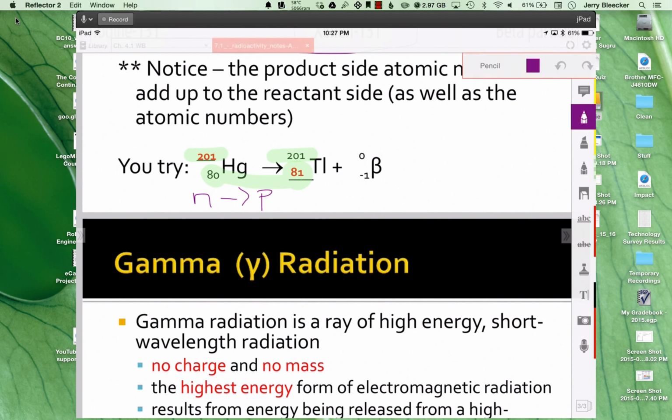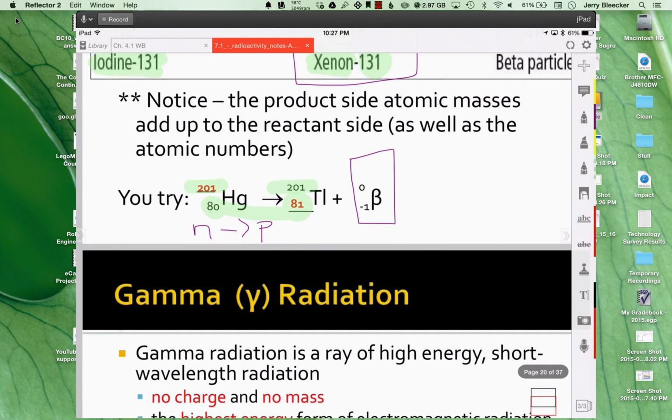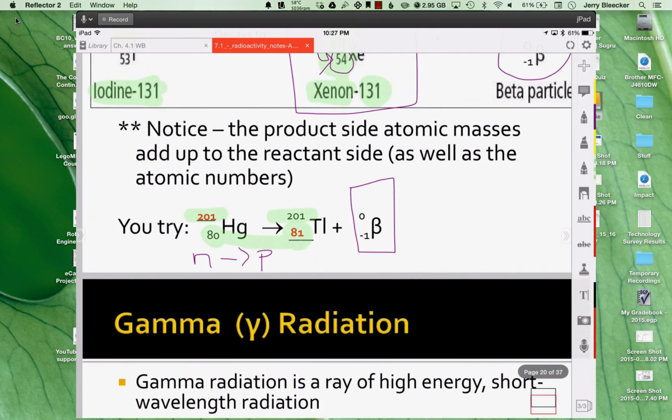And then it's very important to include the fact that a high energy electron flies off. So we're going from mercury in this case to tellurium. And this is a form of radiation we can pick up. It's pretty strong, but it's stopped by something as dense as aluminum foil, or aluminium foil, however you would like to pronounce it. Okay? So package 7.1 will have a lot of questions on this.